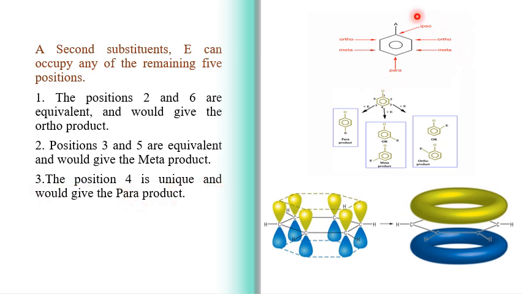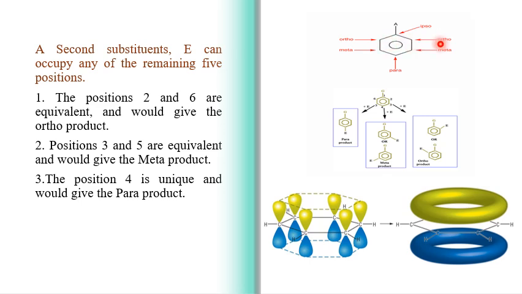If you see in this image, the first substituent attached to the benzene is noted as A, and this is the monosubstituted product of benzene. If substitution occurs at the second and sixth positions, it leads to the formation of the ortho product.